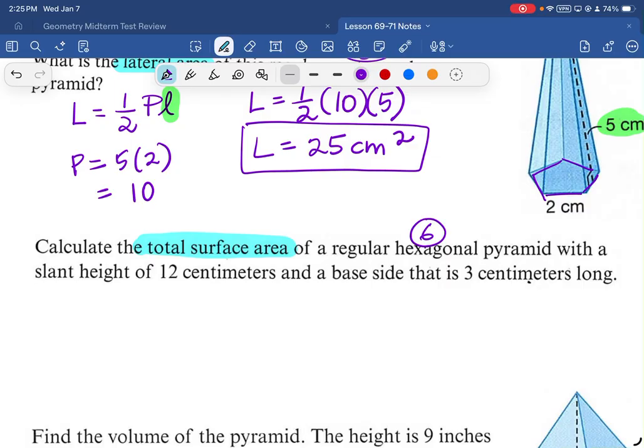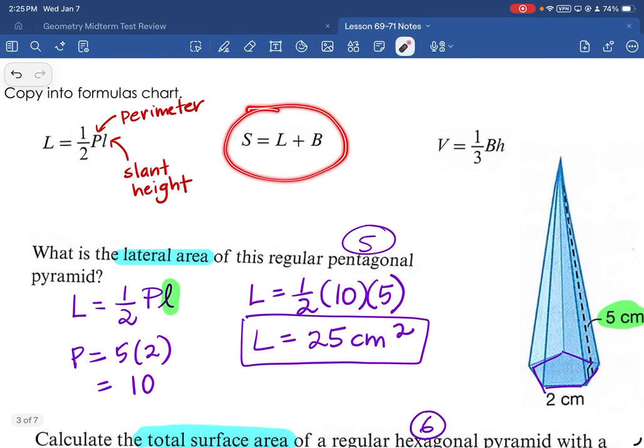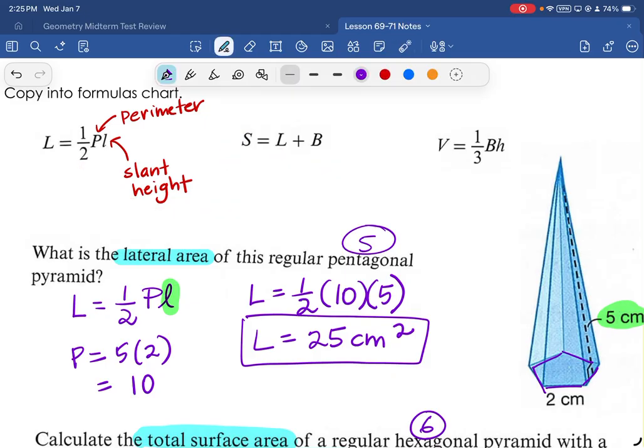All right. Surface area formula. Let's look up here. It includes L, which is that formula, plus big B. What does big B mean again? Base. Not just base. It means area of the base. Here, let's write that in. Area of base.